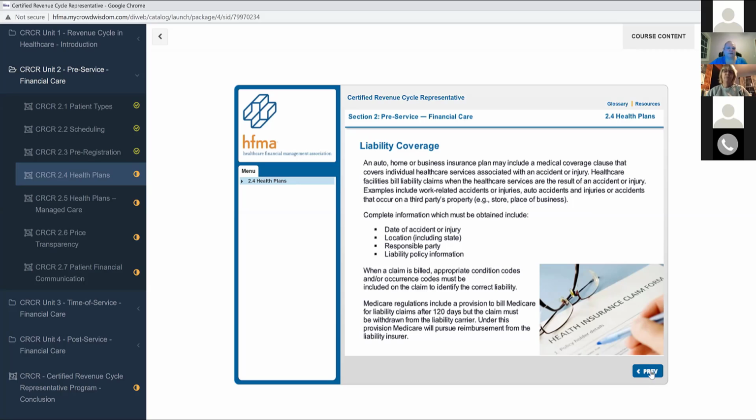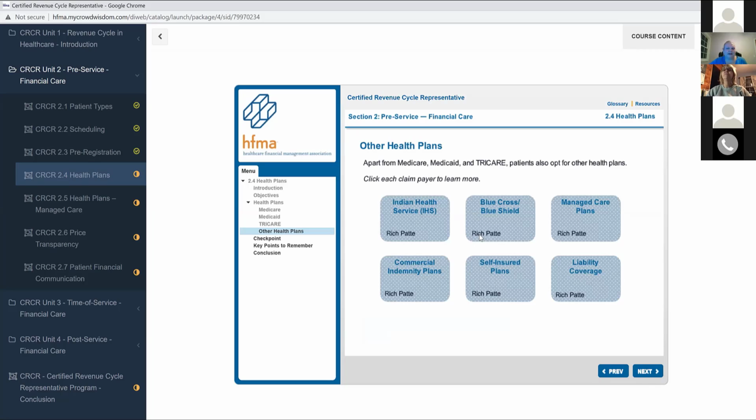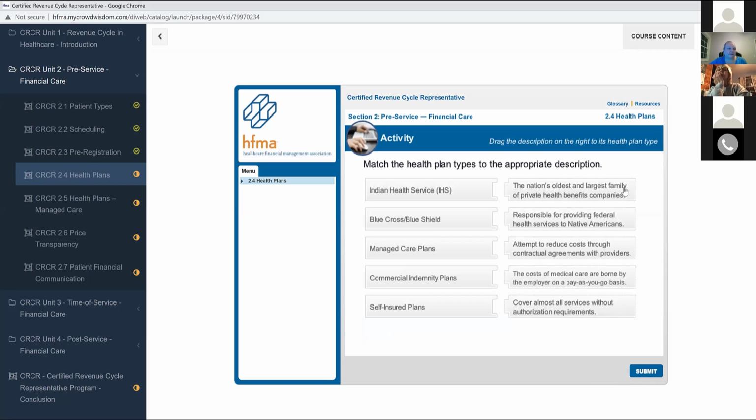Okay, so here, when Christina said, just know your health plan and be able to identify it with the appropriate description. Nation's oldest and largest family of healthcare benefit companies. Again, I blame them for the insurance industry as it is, so I'm going to go with Blue Cross. Responsible for providing federal health services to our Native Americans: that's going to be your Indian Health Service.